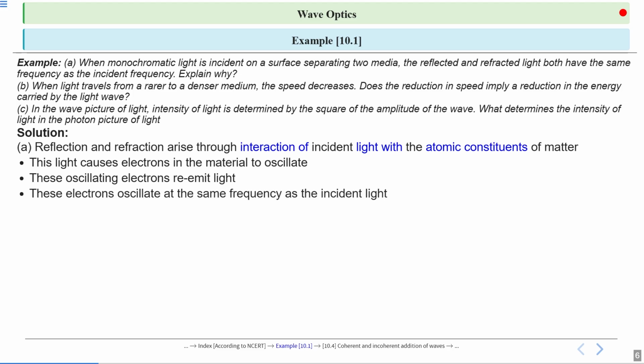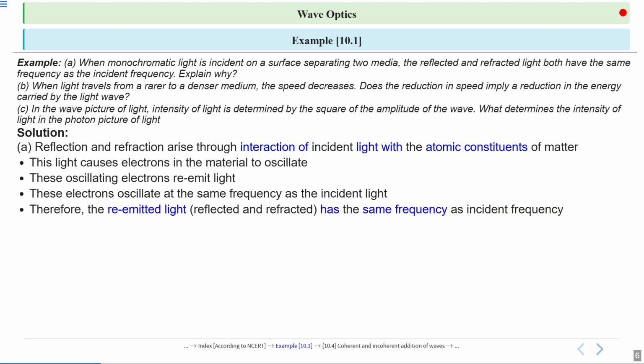These electrons oscillate at the same frequency as the incident light. So the frequency of oscillations of electrons is the same as the frequency of incident light. And therefore re-emitted light has the same frequency as the incident frequency, since the frequency of oscillation is the same as incident light and they are re-emitting the light through the oscillations.